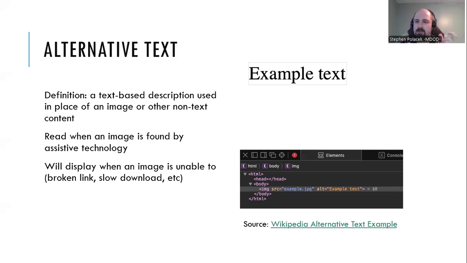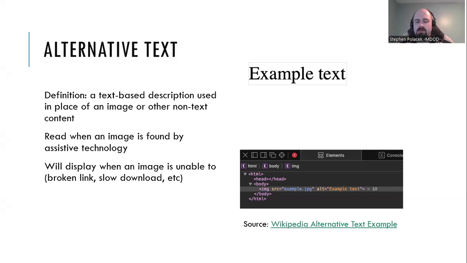So that's a little lesser known part of alt text, is that it will display when an image is unable to load, either due to a broken link, some other form of CSS issue stripping out images, or if the user at the other end has either slow internet or has an outage, that alt text will display instead of the image. So it's a way to still get that information out there.